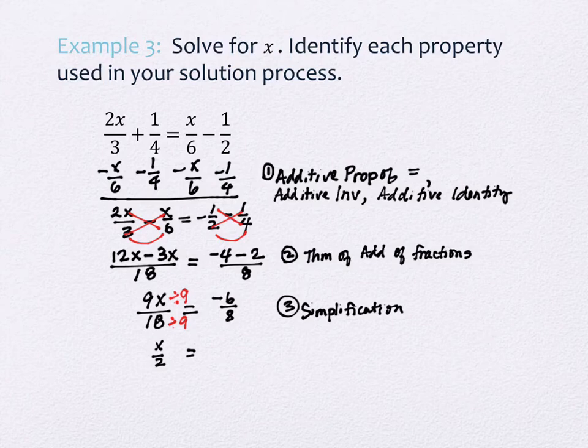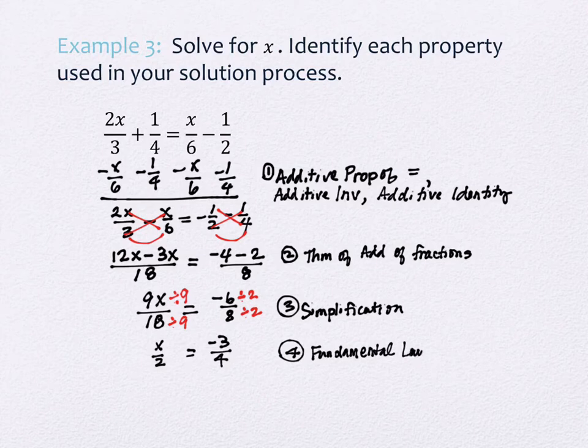How about on the right-hand side? Yeah, I can divide them both by the same value, 2, and I can get negative 3/4. And what's allowing me to do that is actually the fundamental law of fractions.